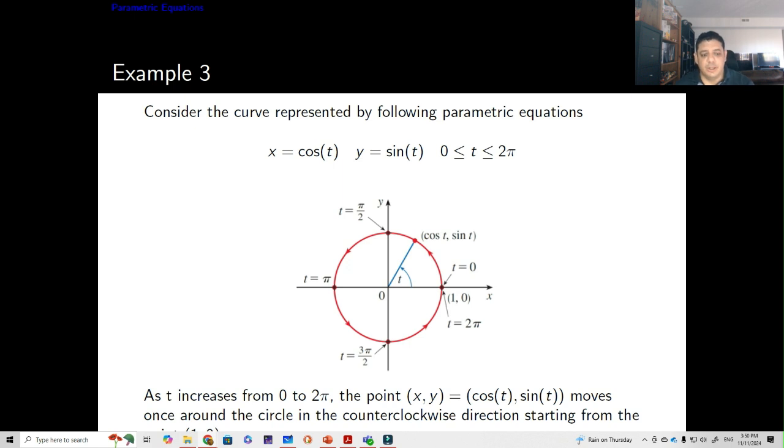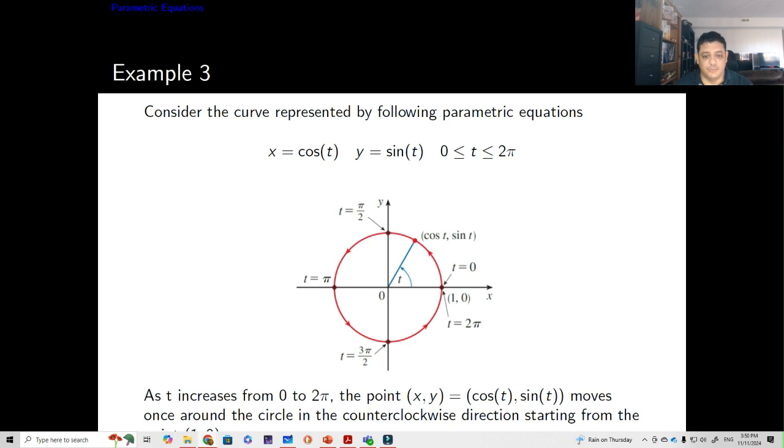Now notice that here we're moving around the circle counterclockwise, but you can also probably find another interval where you can make it go clockwise, or you can make it start from a different point.